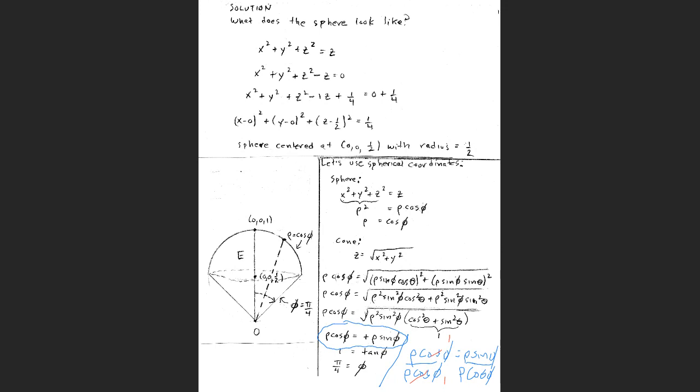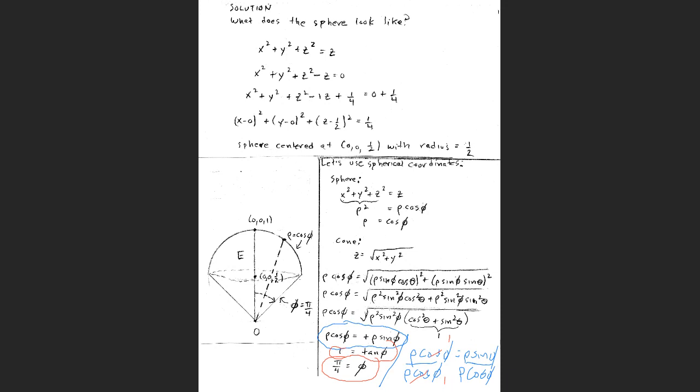On the left then, I'll get the tangent of phi, and on the right, I'll get 1. Well, when is the tangent of phi equal to 1? When phi equals pi over 4. Remember, phi has to be between 0 and pi. That's the restriction on phi. Phi is measured from the positive z-axis.